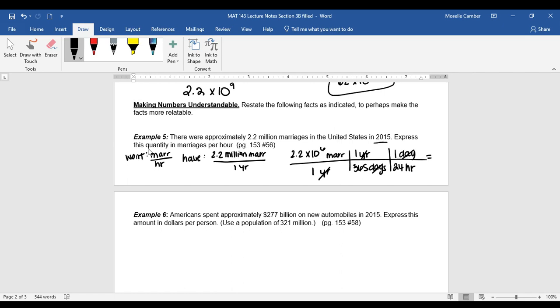And we get 251.14 marriages per hour. So 251 marriages across the United States were happening every hour. It's a little bit easier to wrap your head around than the 2.2 million.